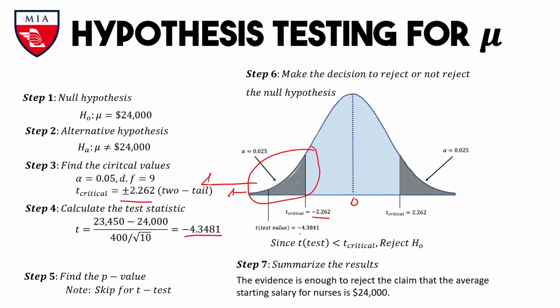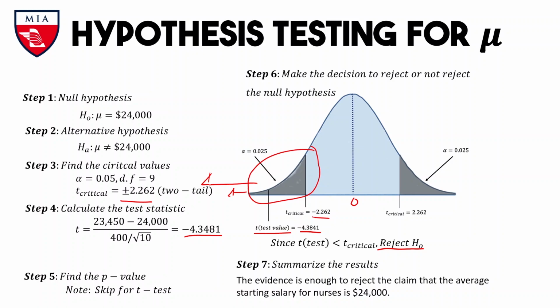So if our value is negative 4.3481, we can conclude that we can reject the null hypothesis because the value of our standardized test statistic, or t-test value, is in the critical region.